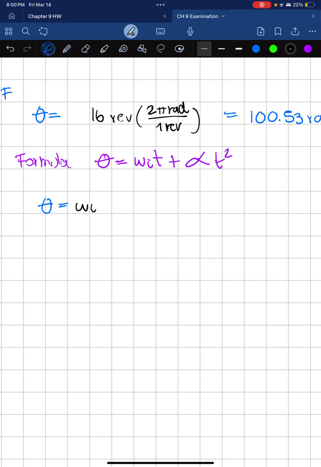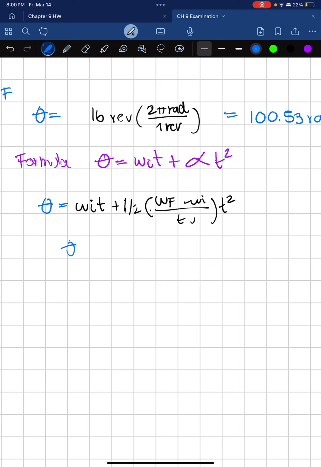So let's do algebra on this formula, because they're asking us how much time it takes. We're going to solve this and try to put time on the other side so we can have a formula to find time.